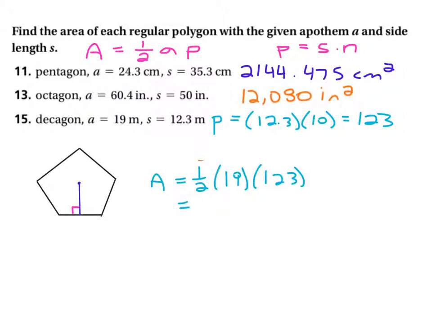And when I do these numbers, we say 0.5 times 19 times 123 equals 1,168.5. And what units did they use for number 15? They used meters. So since it's area, it is meters squared.